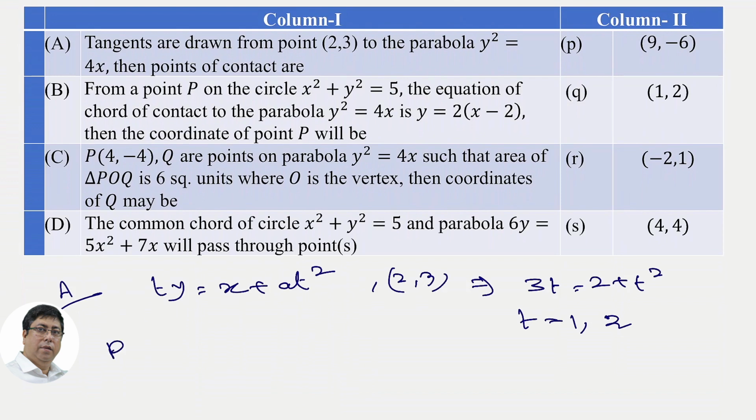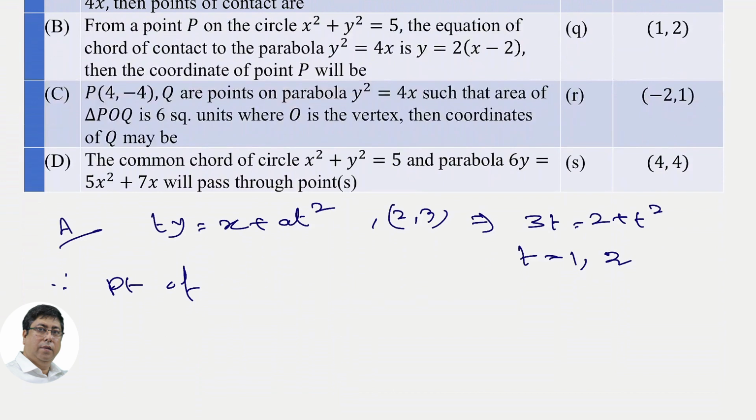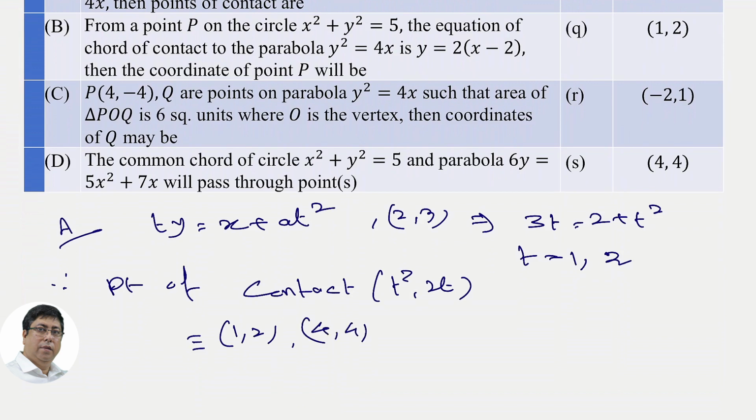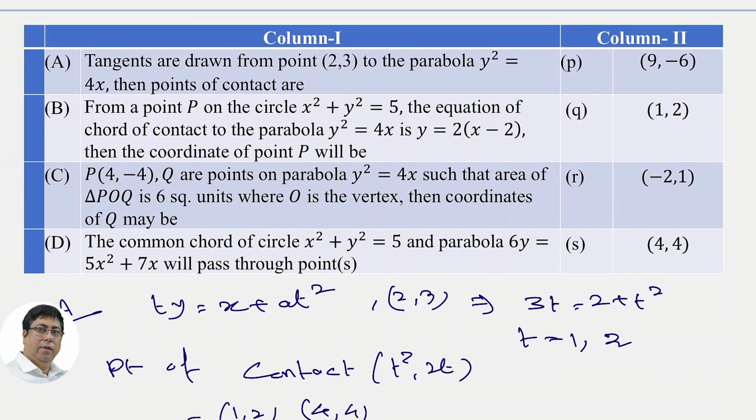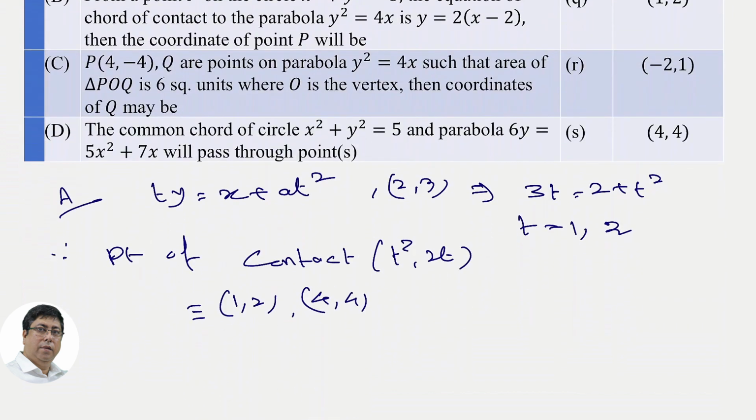Therefore, point of contact is t square comma 2t. So we are writing that 1 comma 2 and or 4 comma 4. So here it is the option 1 comma 2, 4 comma 4. So A is related to Q and S.